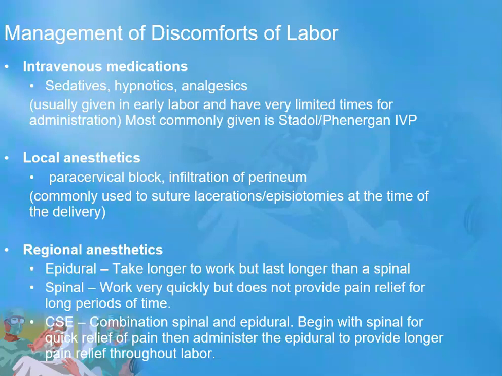Because what happens is when that blood pressure drops, that baby's going to have some decrease in oxygen from perfusion from the placenta, and then you'll see that baby in some distress. And usually it's those late decelerations that we see because it's uteroplacental insufficiency. The baby's not getting perfusion.